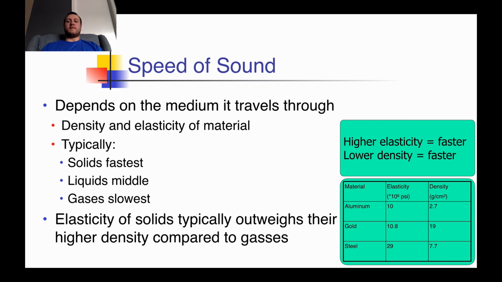But the amount of elasticity that solid has is substantially greater than the low elasticity of the gas. So that's where we see this difference show up. The substantially higher elasticity is able to counteract and basically overpower the density differences, causing solids to allow sound to travel faster, then liquids, then gases.